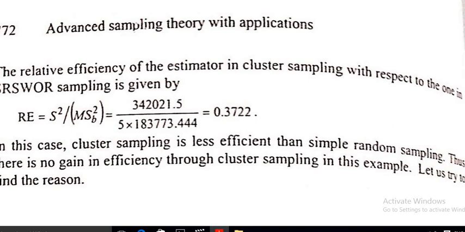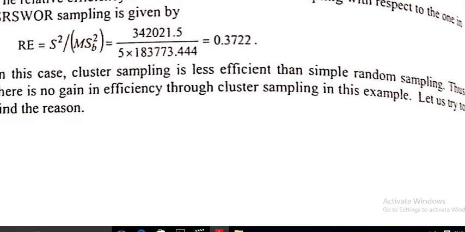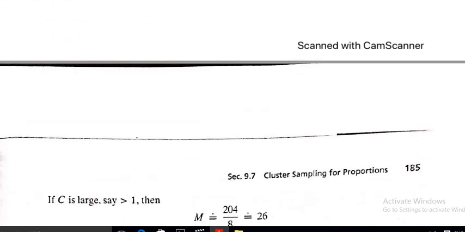As we know, if rho is greater than 0, relative efficiency is greater than 1, but here relative efficiency is 0.3722. And why is cluster sampling less efficient than simple random sampling here?